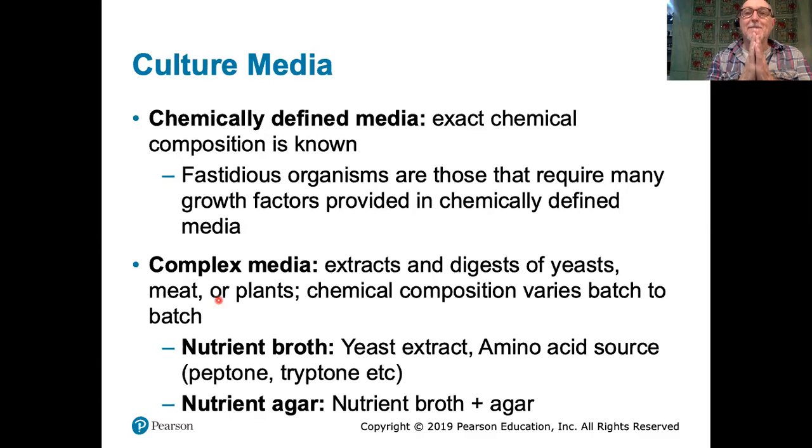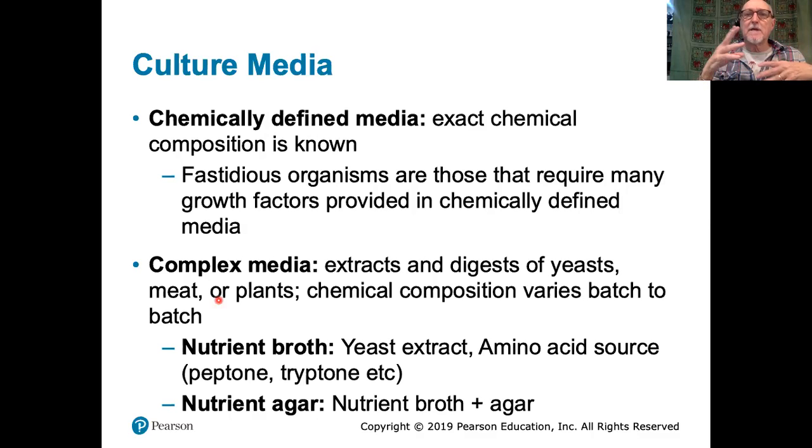So all that enzyme does is take the long protein molecules and chop them up into smaller pieces, into little tiny oligopeptides or little tiny peptide chains and single amino acids. We can't actually say exactly what is in them, but we know it's a good rich mixture of amino acids first of all, but also a source of carbon and of nitrogen as well, of all sorts of things that the bacteria can use.